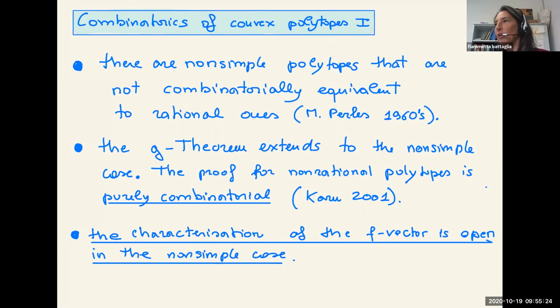In the simple case, we have Betti numbers and H vectors that are in relation. But here we just have the spaces, so we cannot speak of a Lefschetz theorem in this case because we don't have all the necessary elements.